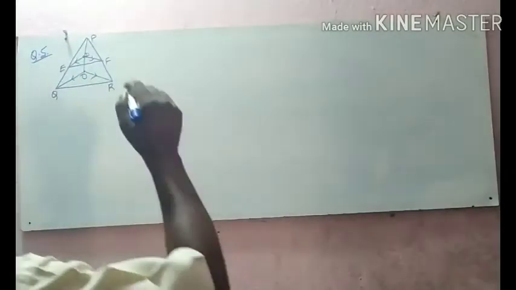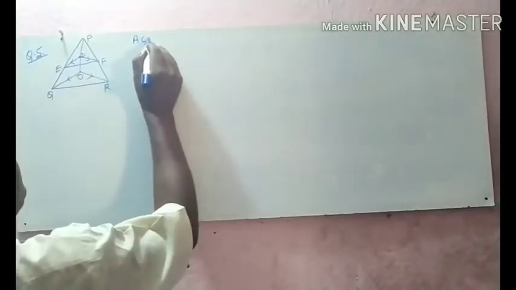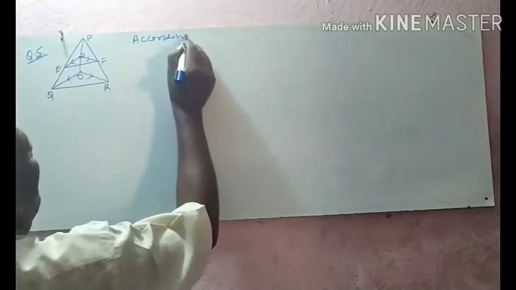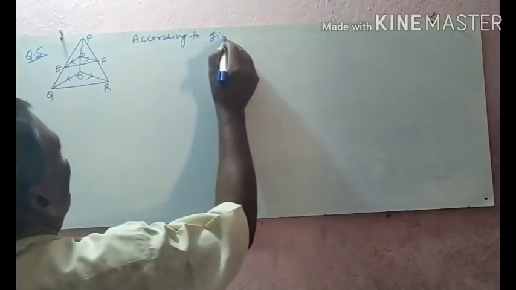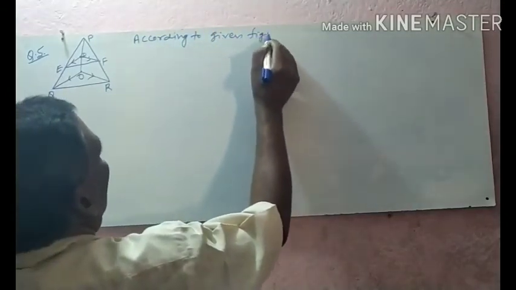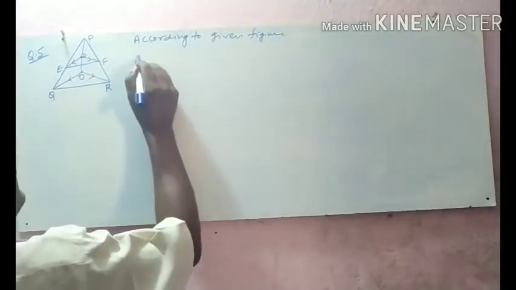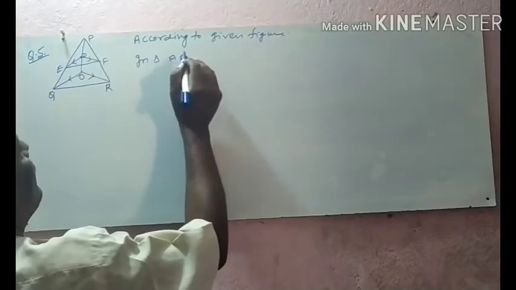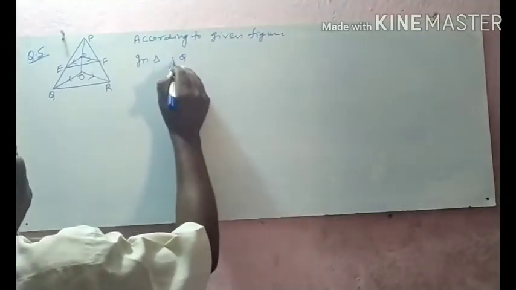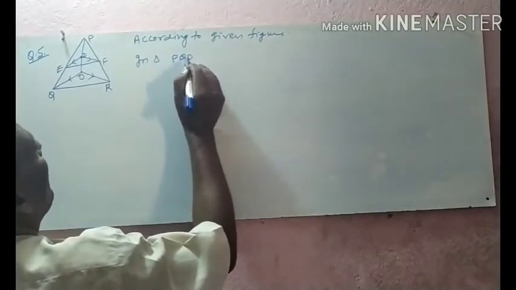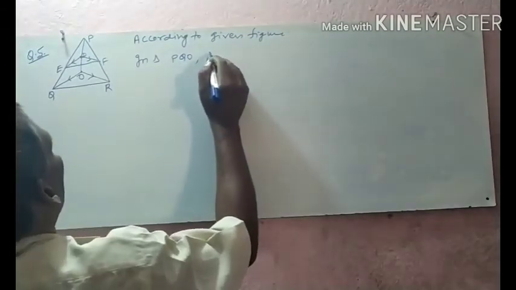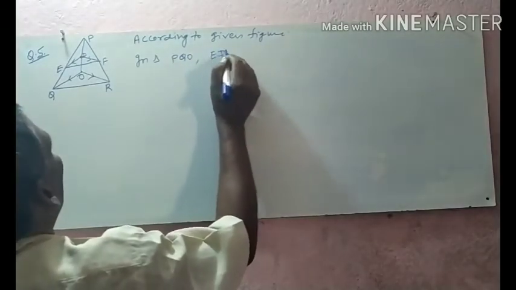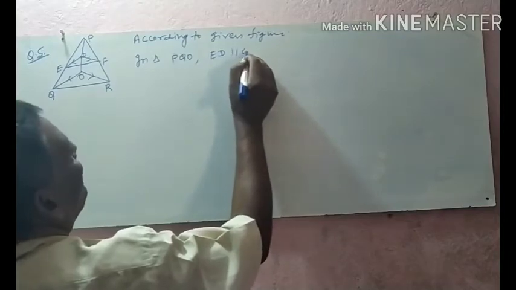Now, according to the given figure, in triangle PQO, ED is parallel to QO.